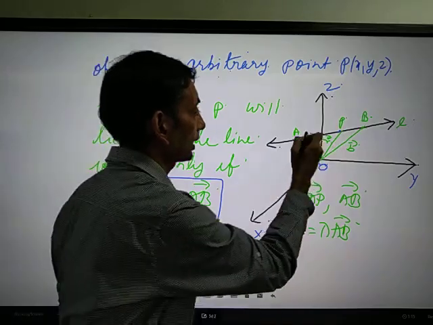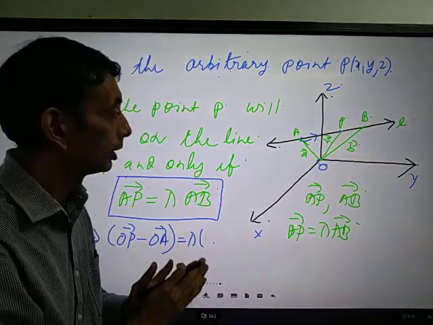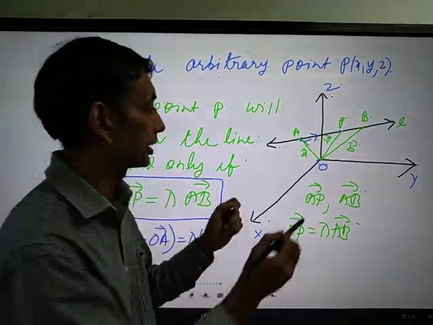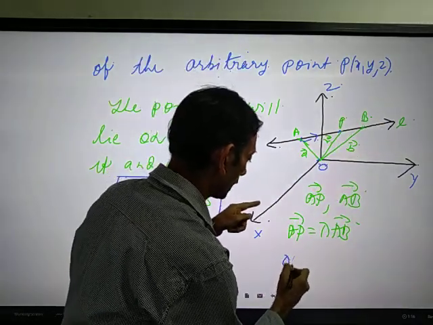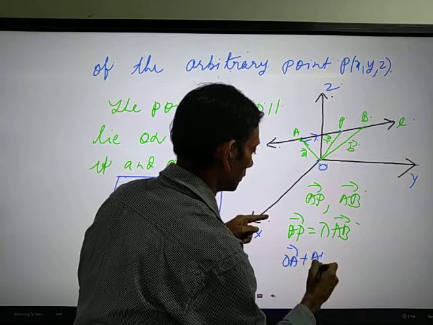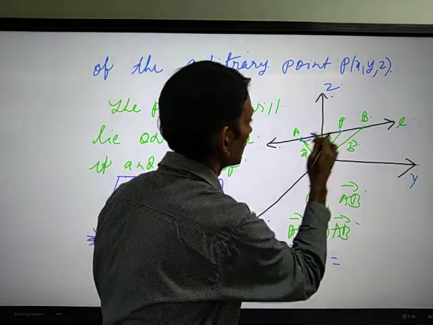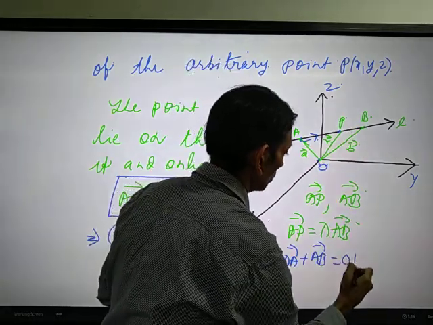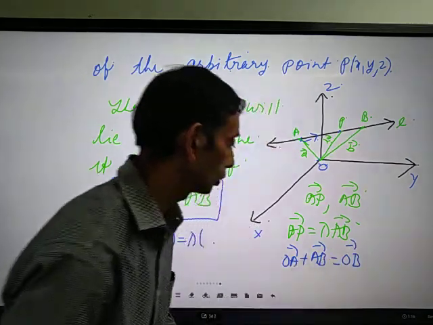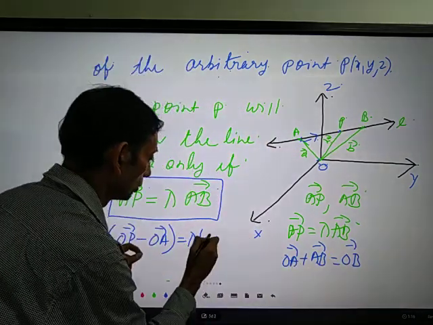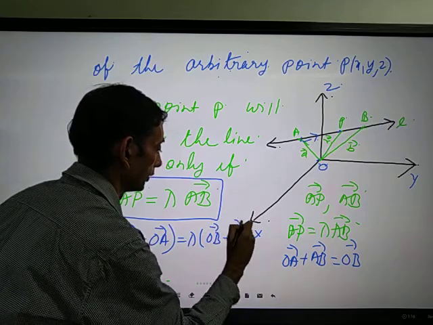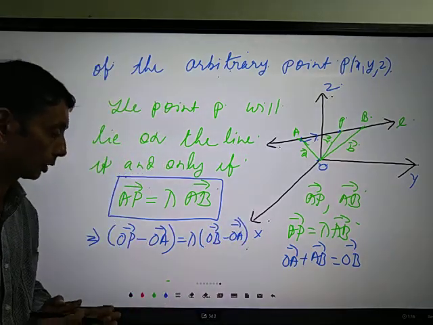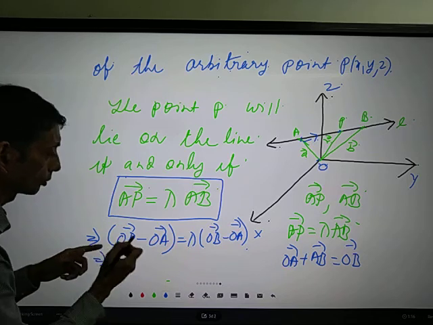Now AB, how to find AB? To find AB, we'll be using the triangle law of vector addition on OAB. OA plus AB gives us OB, so AB is equal to OB minus OA. So what is OP?